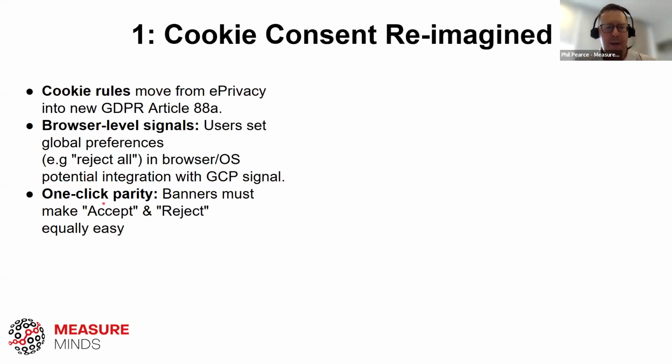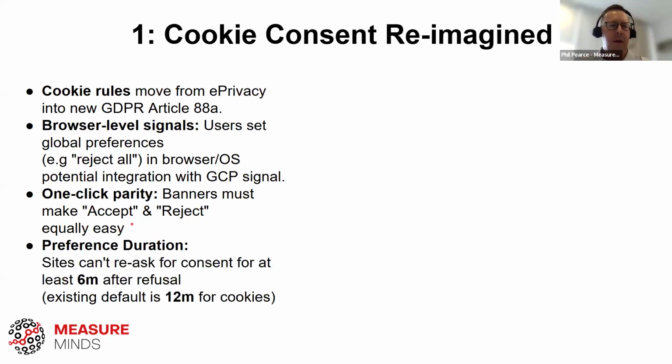It's likely there's going to be a kind of accept or reject, so not so many options. That will also help standardize with dark patterns, because the browser is going to decide what the buttons look like, not the CMPs, and then they'll be naturally equally easy to select.